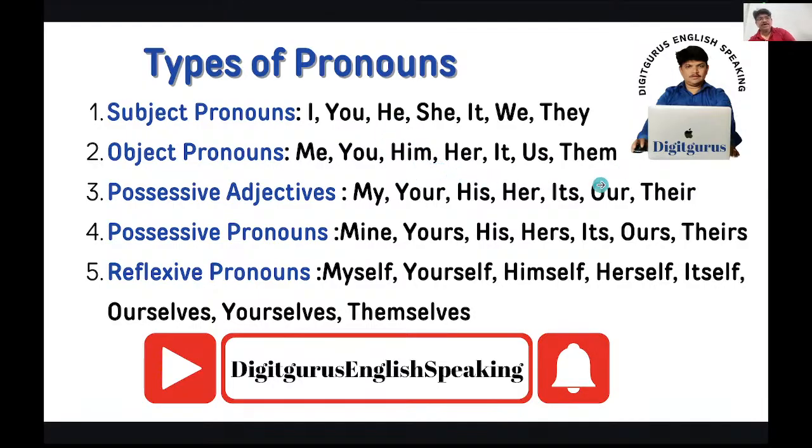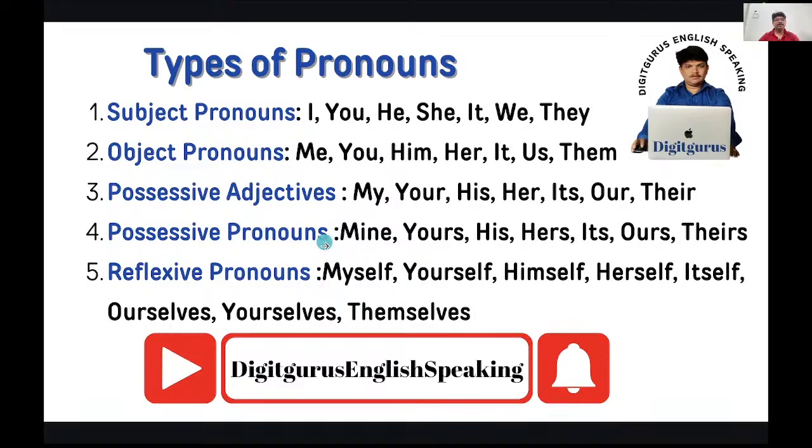In possessive adjective, we can say, this is my book. Here, my is a possessive adjective. In possessive pronoun, we can say, that book is mine.